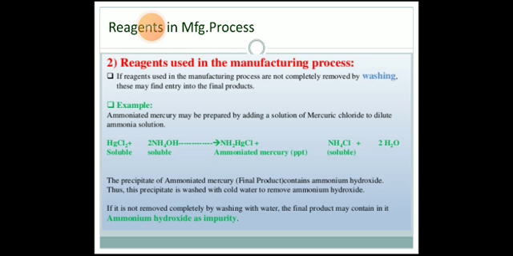The ammoniated mercury forms as a precipitate, which is washed with cold water to remove ammonium hydroxide. If it is not removed completely by washing with water, the final product may contain ammonium hydroxide as an impurity.